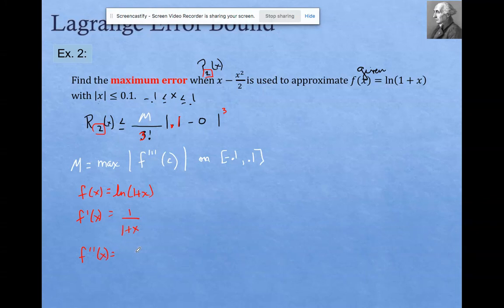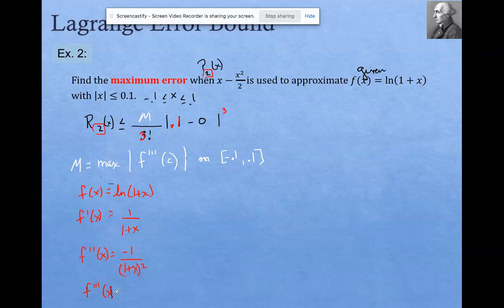This is 1 plus x to the negative 1, so when I take its derivative, it is negative 1 plus x to the negative 2, which means I'm in the denominator squared, times 1.